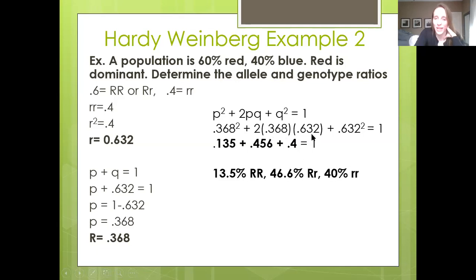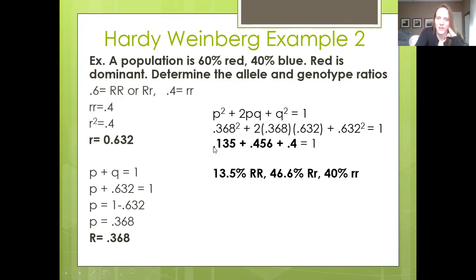And if it was only asking what is the genotype ratio for heterozygous, you would only have to do the middle part of this, just the 2PQ. If it asked just for the percent of the population that was homozygous dominant, you'd only have to do the P squared part of this.